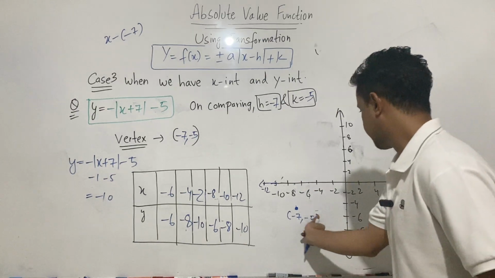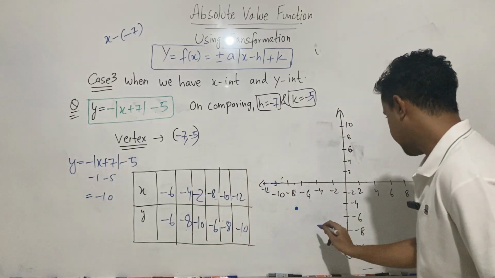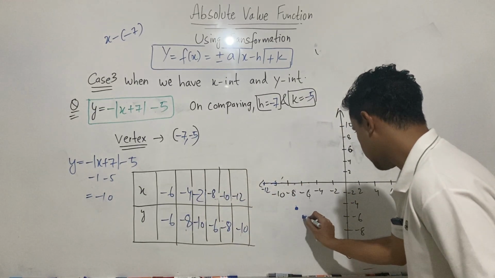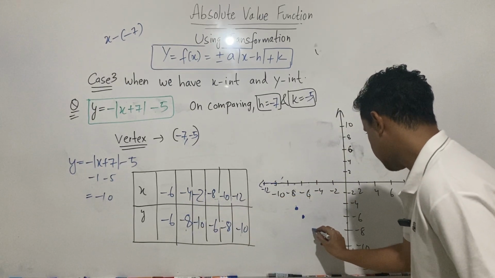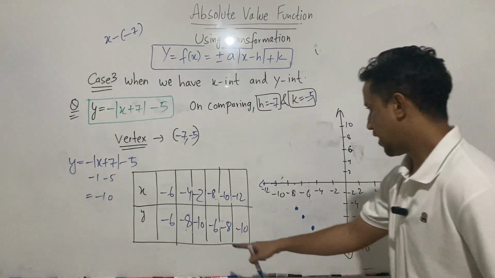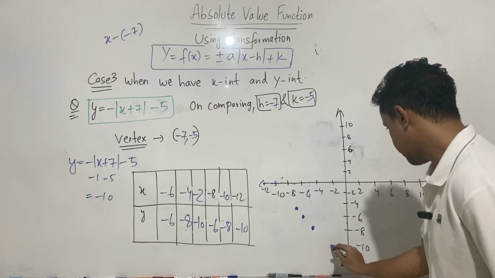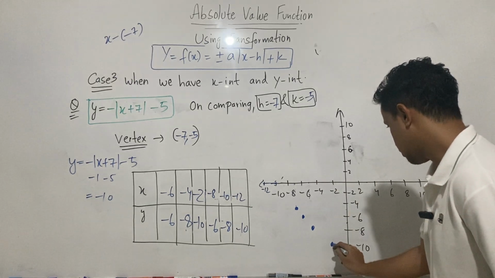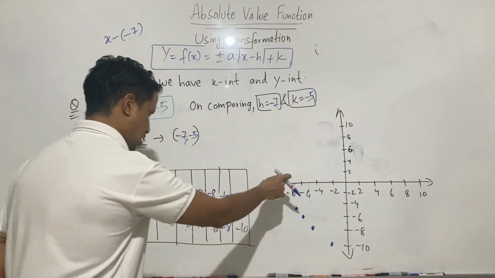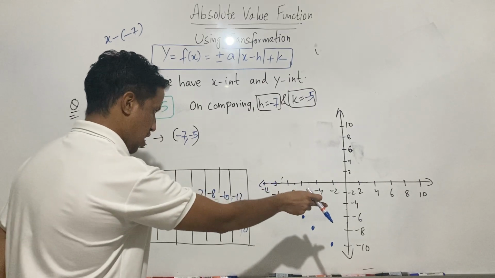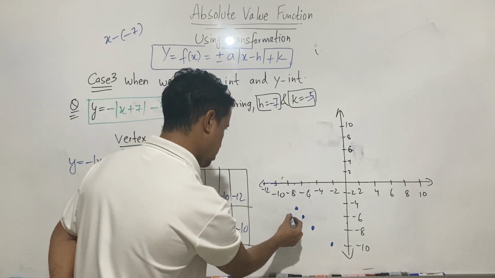See here, minus 6, minus 6 is somewhere here. Minus 4, minus 8 is somewhere here. Minus 2, minus 10 is somewhere here. And on this side, minus 8, minus 6 is going to be here.